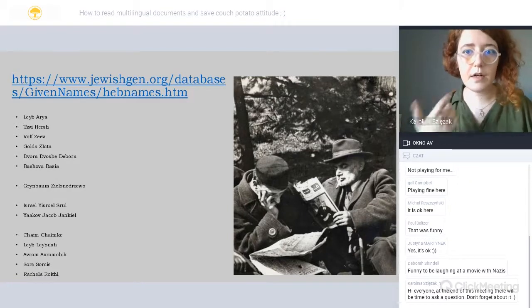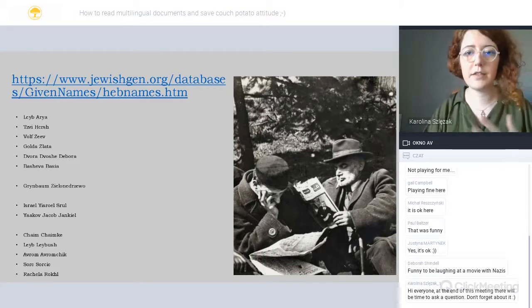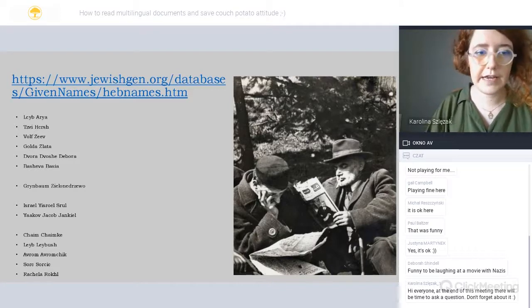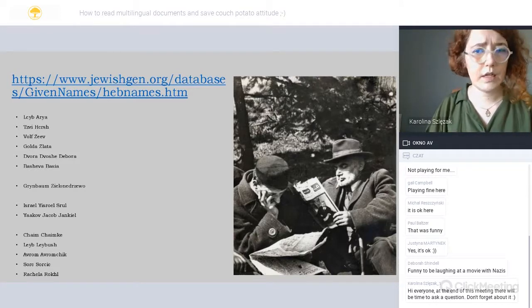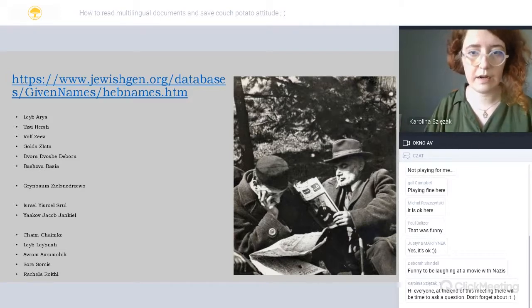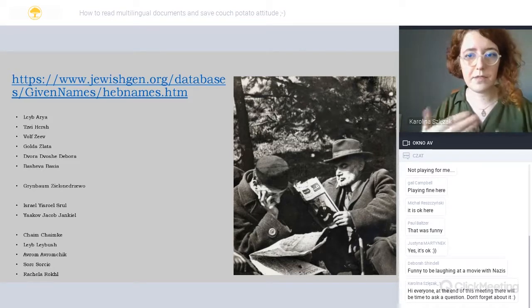And sometimes there are Polish versions, let's say. Sometimes there are names that have similar sounding, like it's quite common that Basheva is Basia, which is Barbara in Polish. Sometimes the surnames are translated.